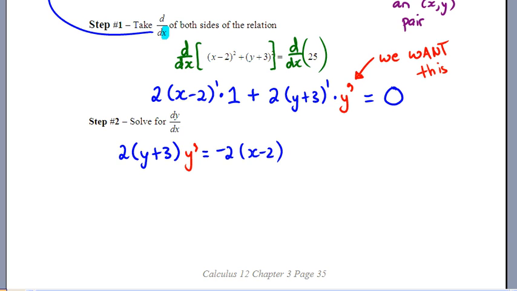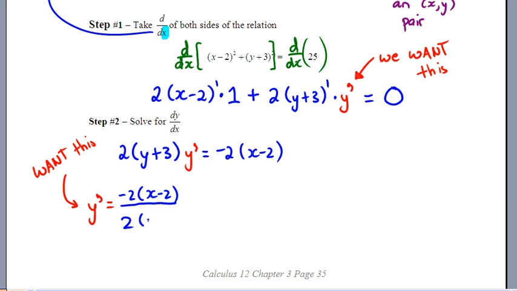Solving for y prime. Because remember, I wanted that, right? Worth pointing this out: you want this. That's why we're solving for it right now. y prime is equal to, okay, what do we have here? Negative 2 times (x - 2) sitting on top of 2 times (y + 3).